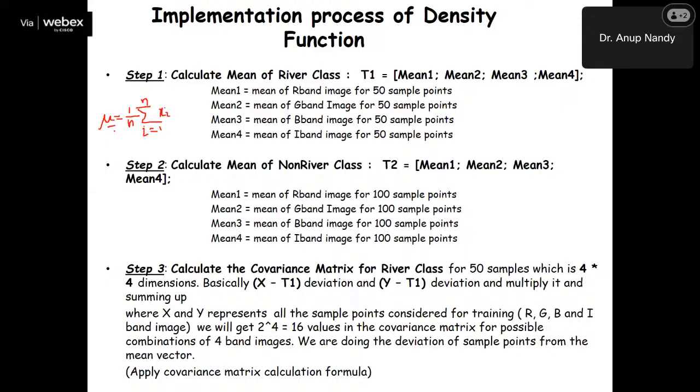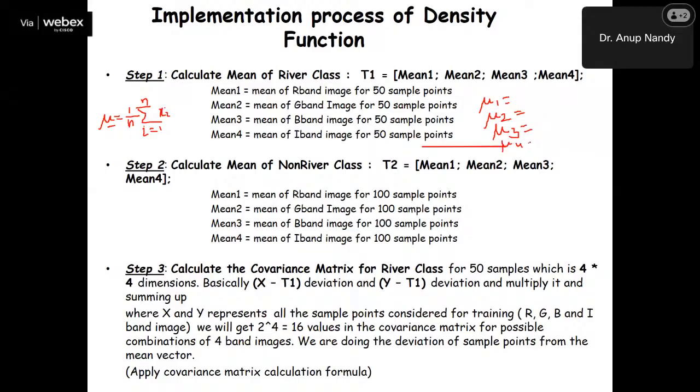Whenever I use a vector, you can calculate mu1, the mean for the red band image. Then mu2 is the mean of the green band images of the 50 samples. Then you have mu3 and mu4.